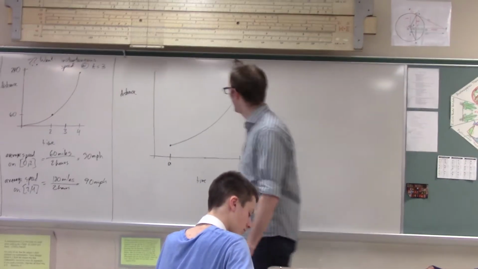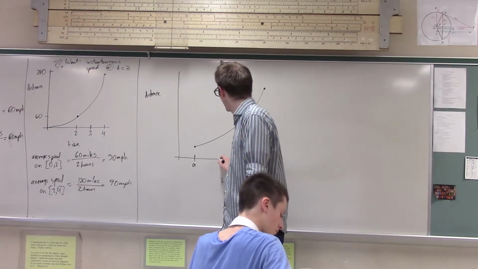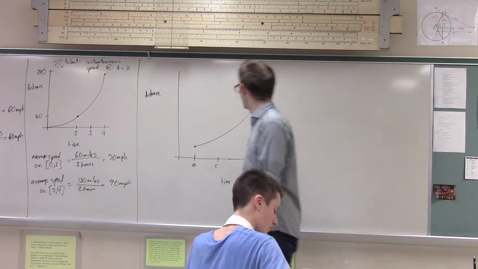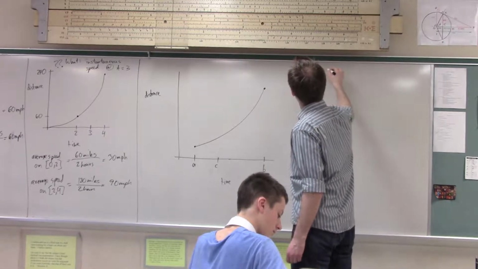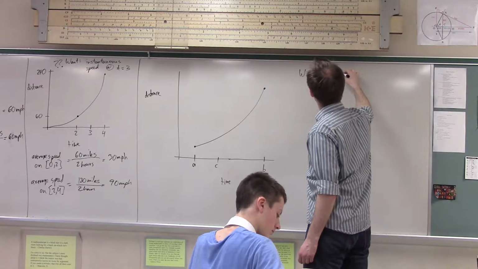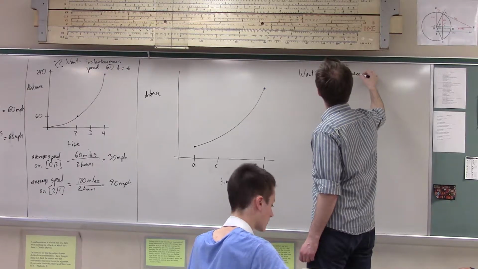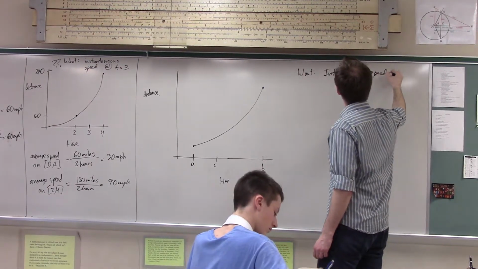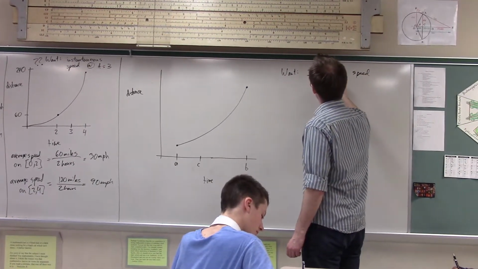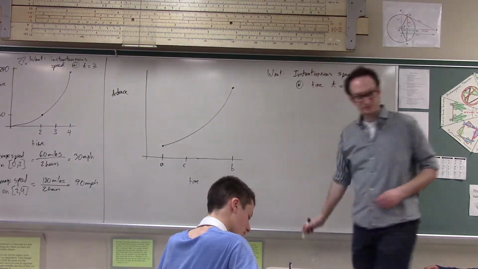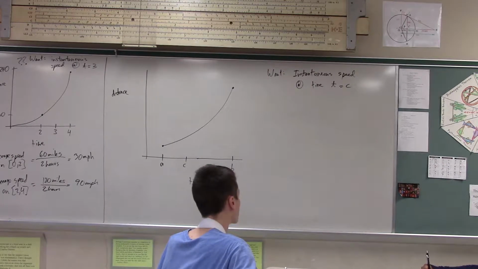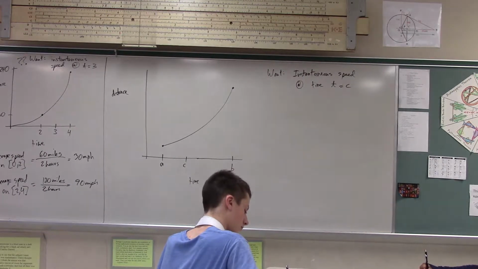And the goal is, and now what I want is the instantaneous speed at time t equals c. I'd like to know how fast the car is going at exactly time c.